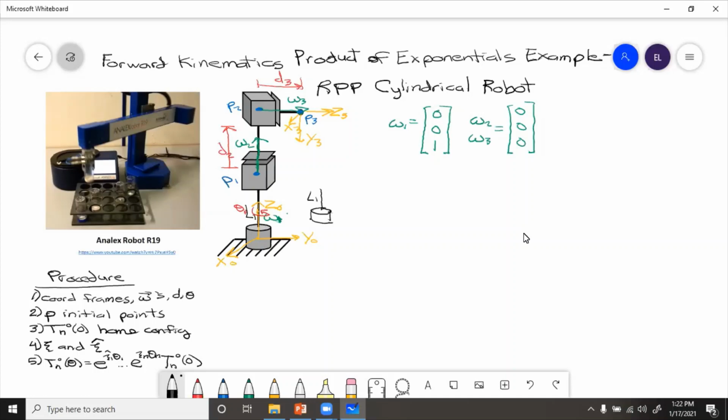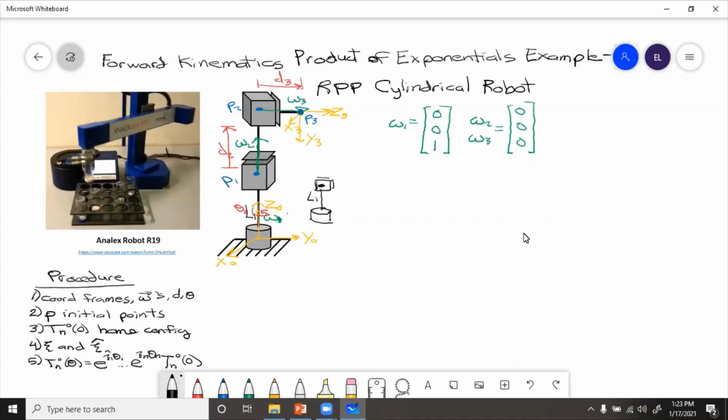But then we've got this little box for joint 2, but D2 is 0, and then joint 3, also D3 is 0, so the whole robot is all scrunched up at this spot.